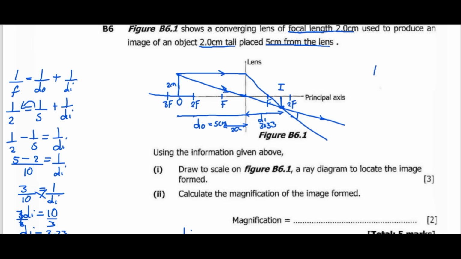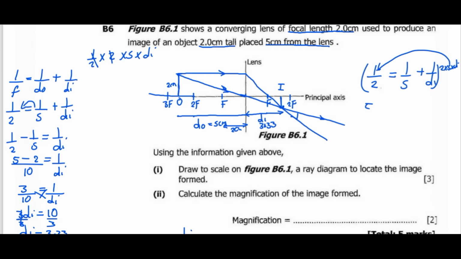So let's say we want to simplify this number. We don't want to deal with fractions. So what we can do is we can multiply everything by 2 times 5 times di. So if we multiply 1 over 2 times 2 times 5 times di, this will cancel.